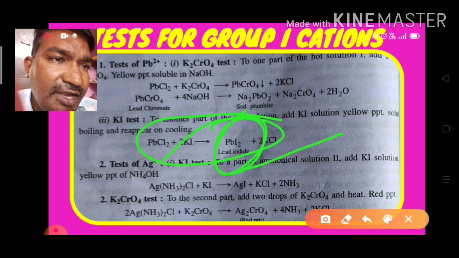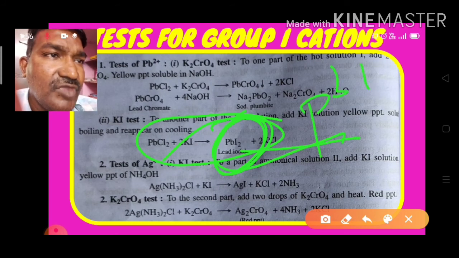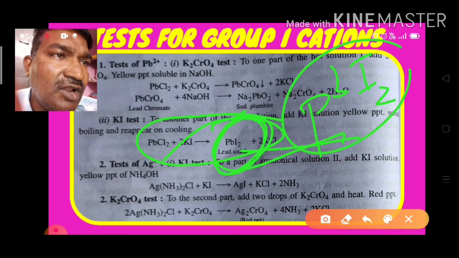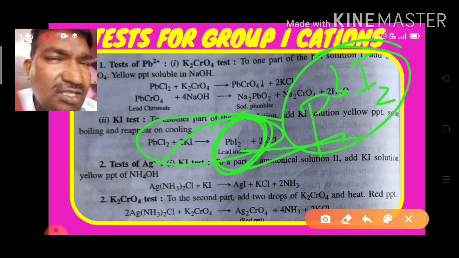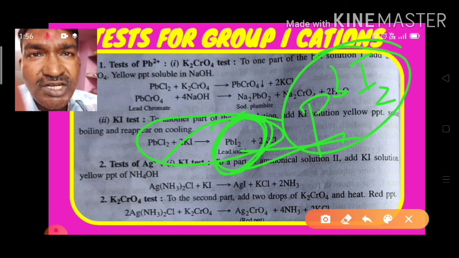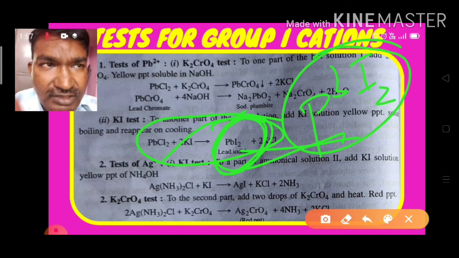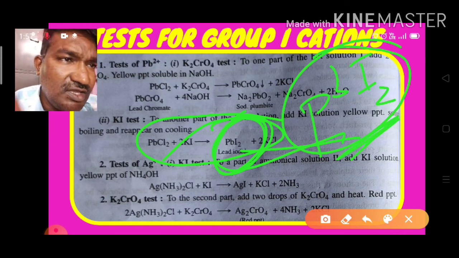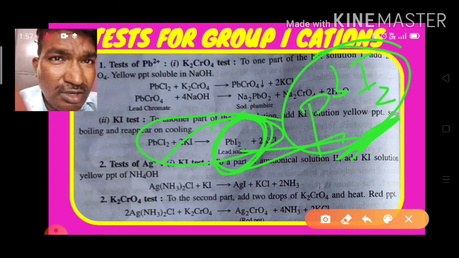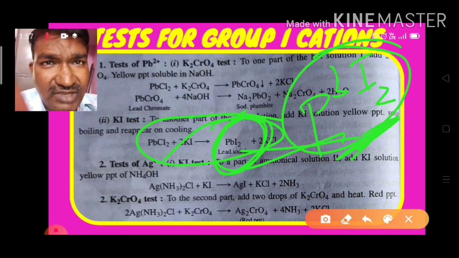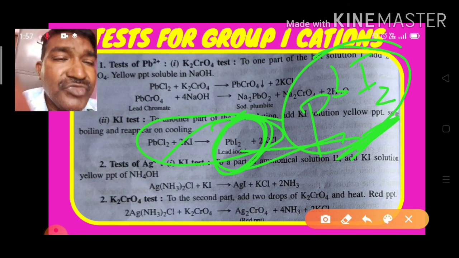On heating, this yellow precipitate dissolves. This lead iodide dissolves on heating, and again on cooling we get the yellow color precipitate, or sometimes gold color flakes. That is very beautiful to see. So the formation of the yellow precipitate again or gold color flakes confirms the presence of lead in the given salt mixture.